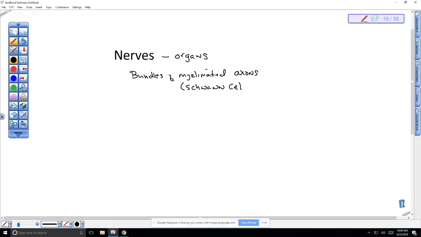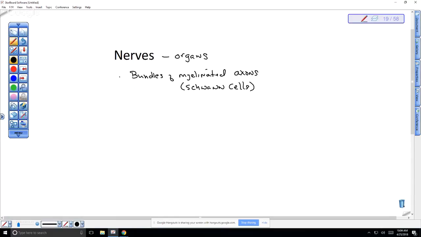I think these are the only glial cells that are actually named after a person. So Schwann was a person. That is not descriptive, like oligodendrocyte means few branches of the cell. So Schwann cells are what create the myelination. Okay, so those are bundles of myelinated axons.